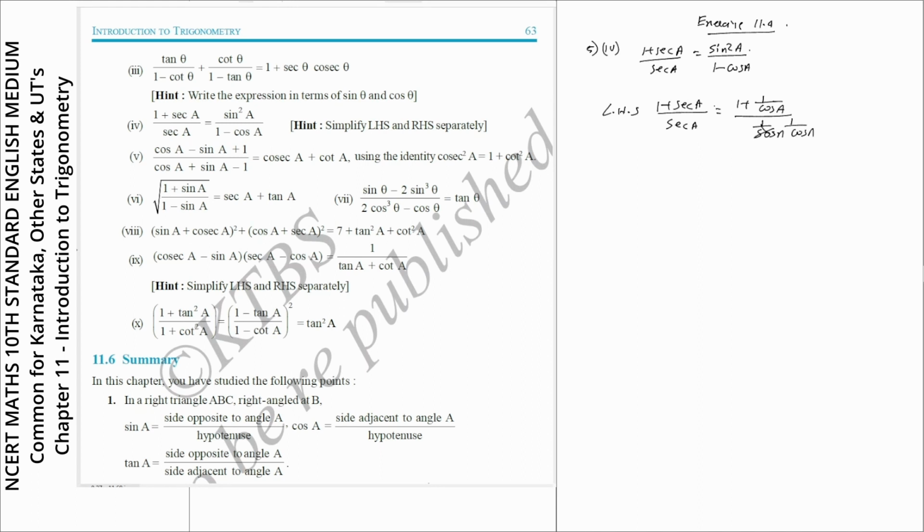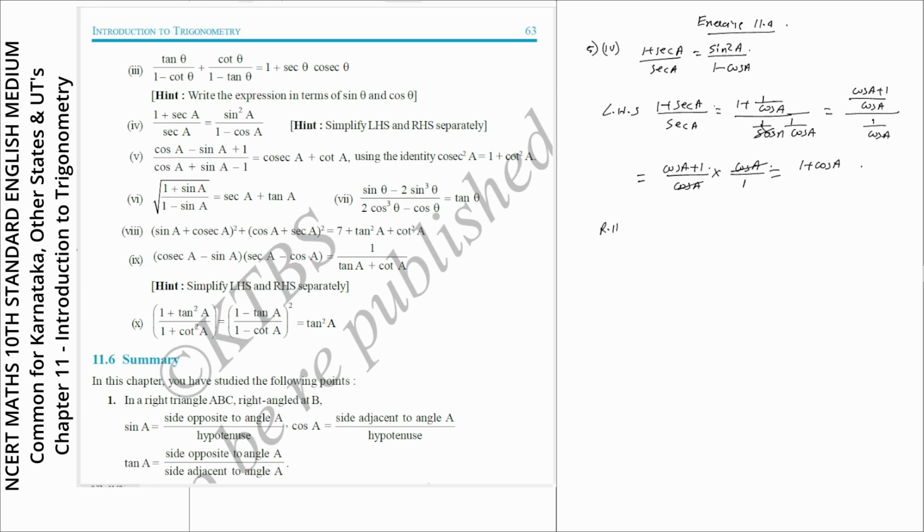So this is equal to, now I will take LCM, cos a plus 1 by cos a by 1 by cos a. Now the denominator I will take to numerator, so cos a plus 1 by cos a. When I take denominator to the numerator, 1 by cos a becomes cos a by 1. So cos a will get cancelled. I will be left with 1 plus cos a. 1 plus cos a by 1 is 1 plus cos a only.